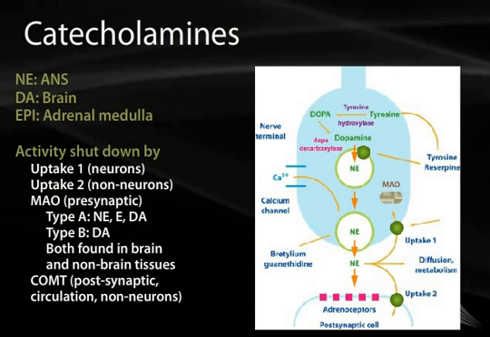dopamine beta hydroxylase. Now, reserpine is a drug which was used in the past to treat both psychosis and hypertension, and that drug works by blocking the entry of dopamine into these presynaptic vesicles.